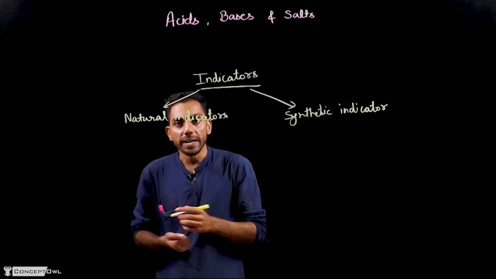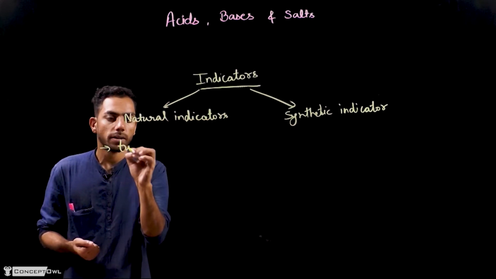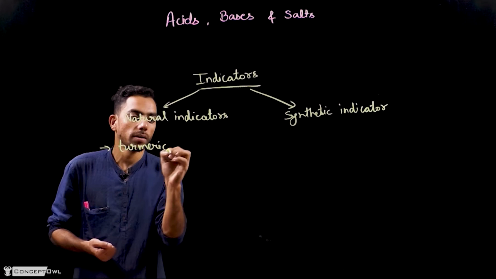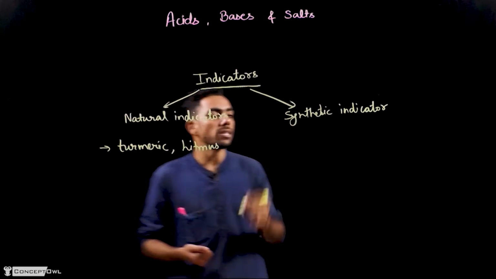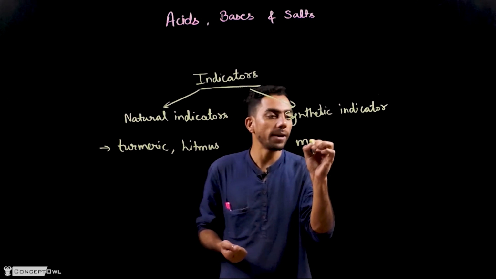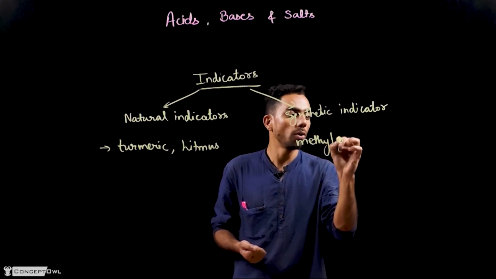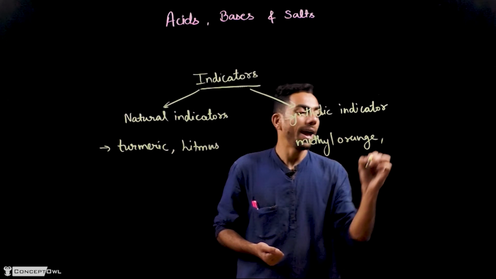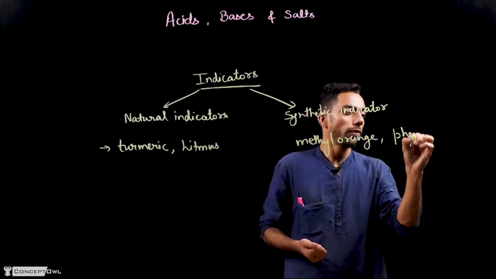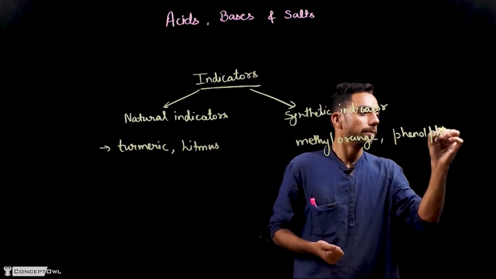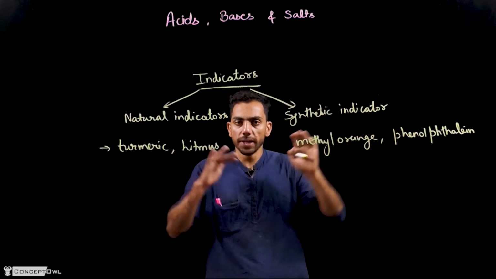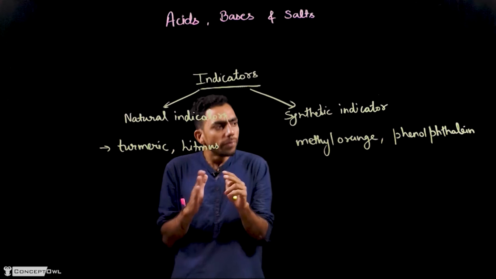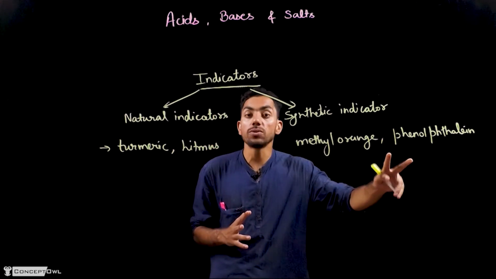In natural indicators, we have turmeric and litmus, and in synthetic indicators, we have methyl orange and phenolphthalein. There are so many others, but in this chapter we have to discuss only these.